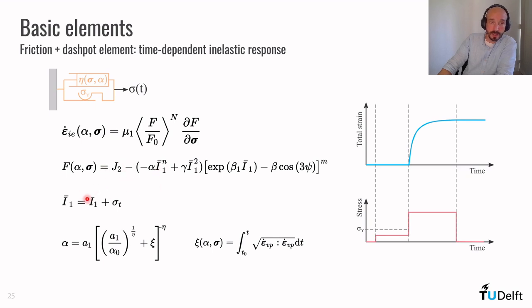I1 bar is given by I1, which is the first stress invariant, plus sigma T. Sigma T is the tensile strength of salt. So salt can support a little bit of tensile stress, but not much. If we apply too much tensile stress to a salt rock, it will break. And that value at which the salt breaks under tensile stresses is called the tensile strength, which is this value here.